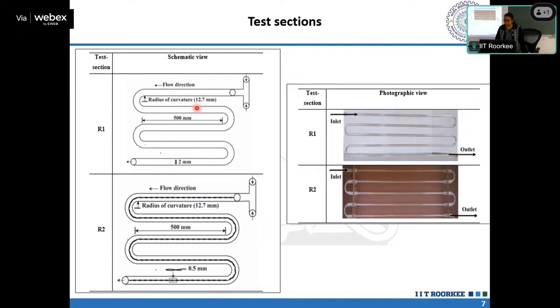This is a photographic view. Now this is another variation of this setup. Why we have mentioned the contact angle with respect to stainless steel is that sometimes a change in the area of the flow path can be helpful.